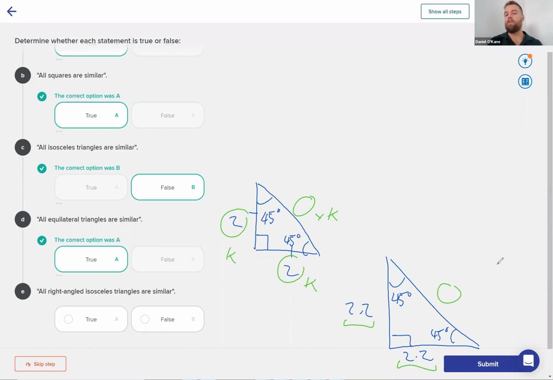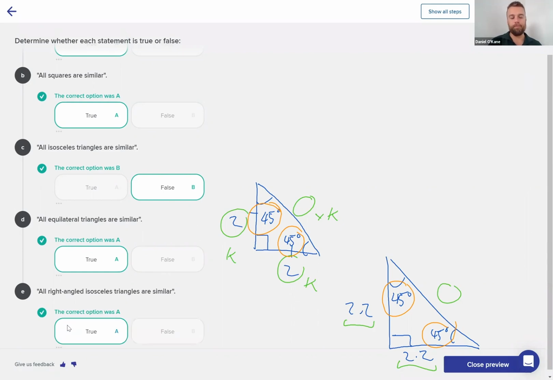So that's another way to remember what similar shapes are, especially with triangles, okay? For triangles, those interior angles will always stay the same, okay? So 45 degrees. So that's why it is true, Remy, that all right angle isosceles triangles are in fact similar.